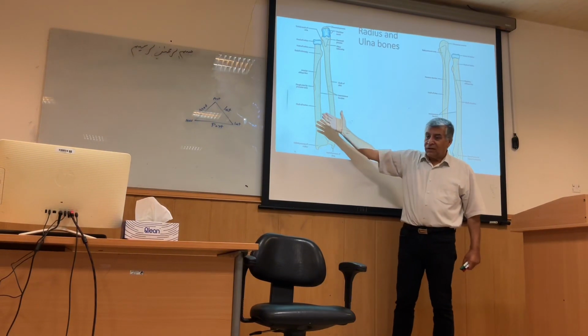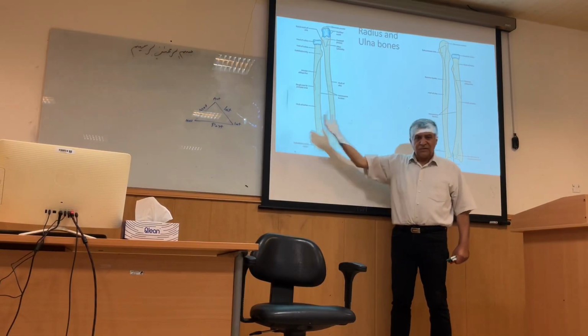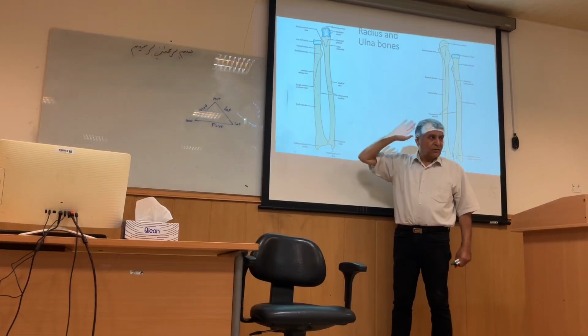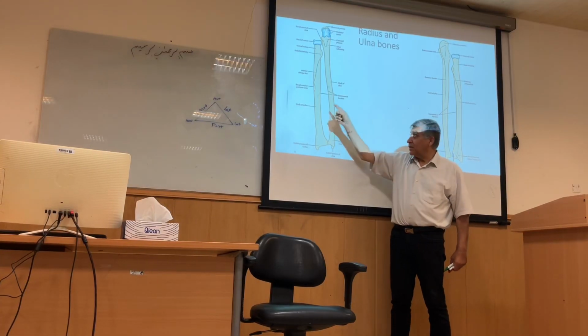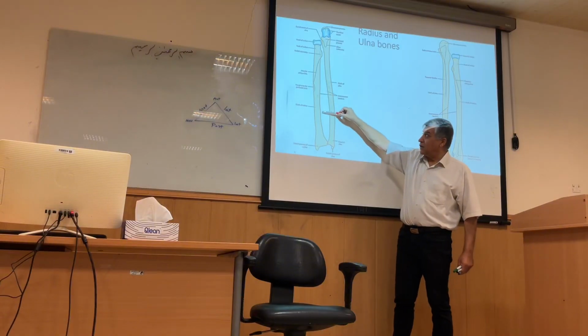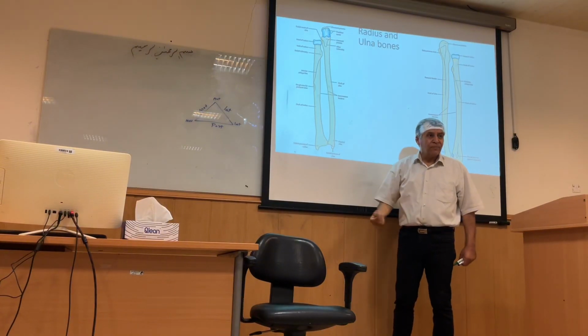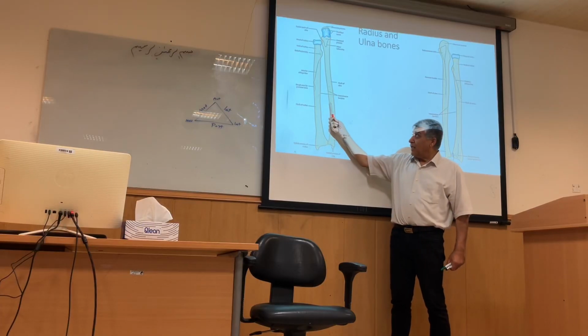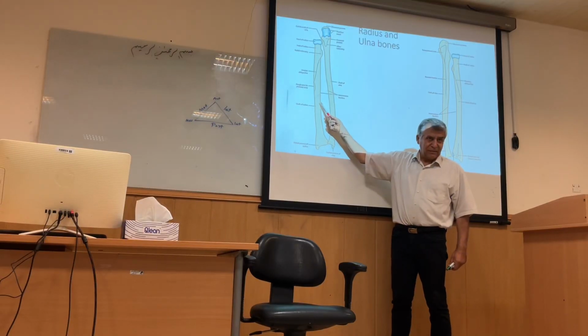The shaft or body of the radius has three surfaces and three borders, but they are not important. This border is important. It is the medial border, or interosseous border, because the interosseous membrane attaches to it.